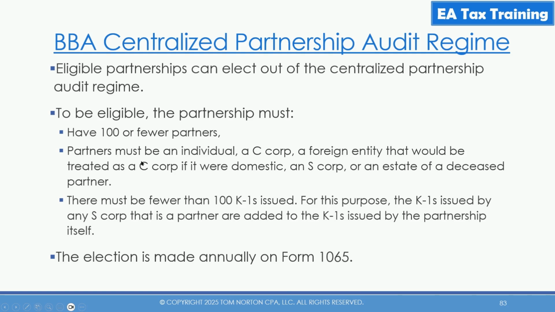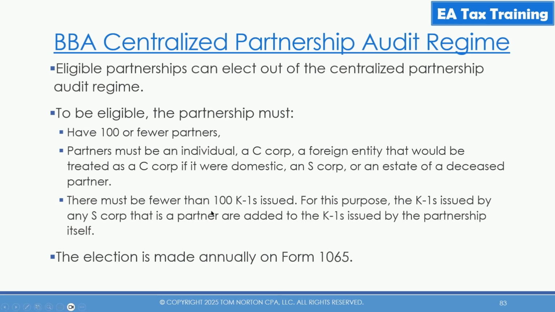Secondly, the partners must be an individual, a C Corp, a foreign entity that would be treated as a C Corp if it were a domestic, an S Corp, or an estate of a deceased partner. So if you've got other kinds of partners, such as a trust, not on that list, such as a partnership, if you've got another partnership that's a partner, not on that list, you cannot elect out of this centralized partnership audit regime.